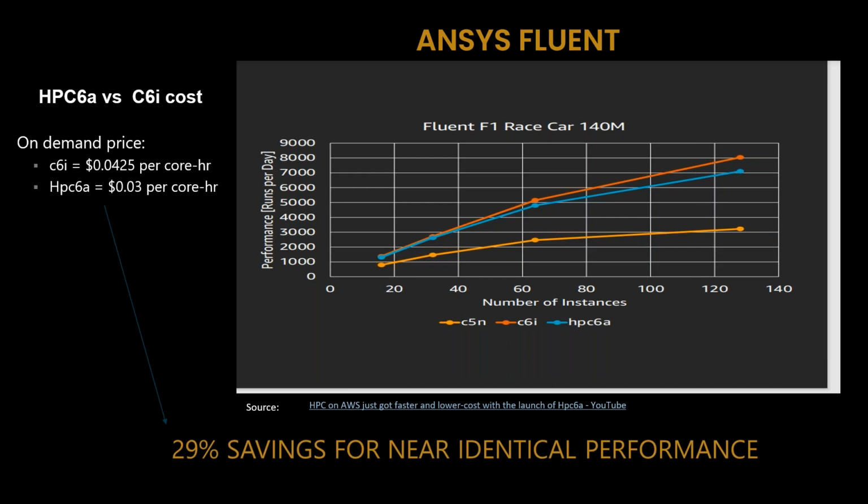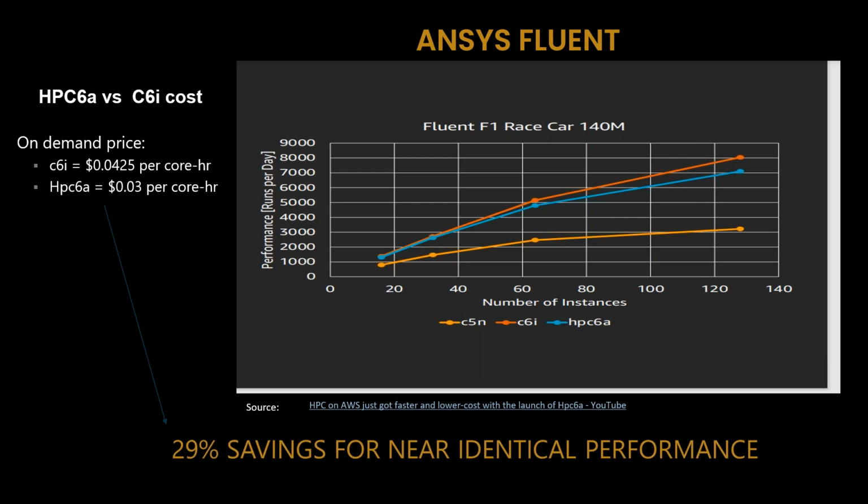But with the pricing that we're able to roll out with AWS and the performance, you can see that for nearly identical performance in terms of ANSYS's metric of performance, runs per day, you're getting nearly 30% saving for near identical performance.